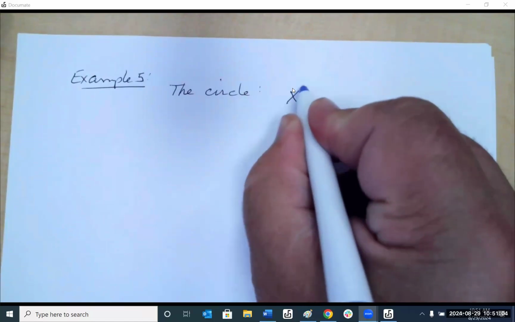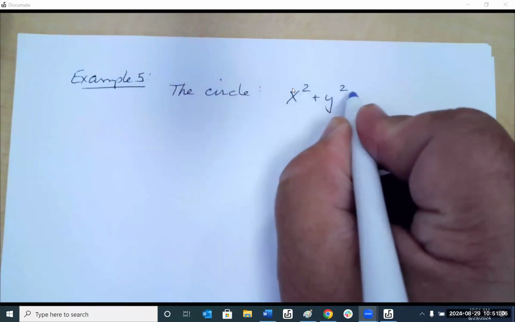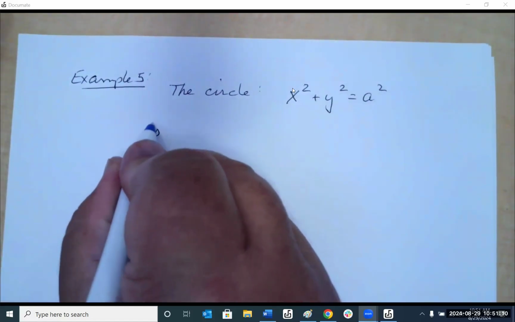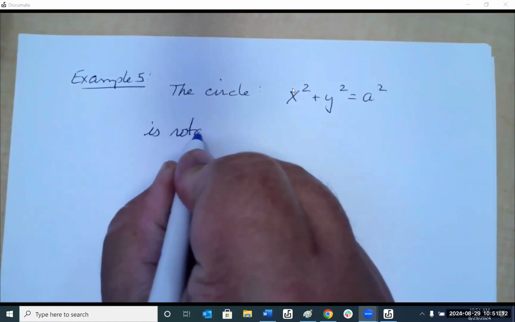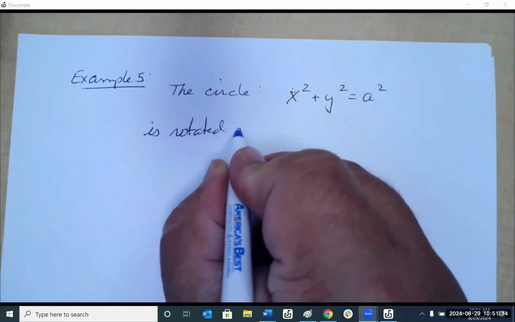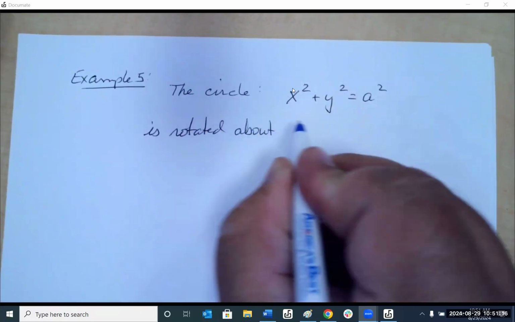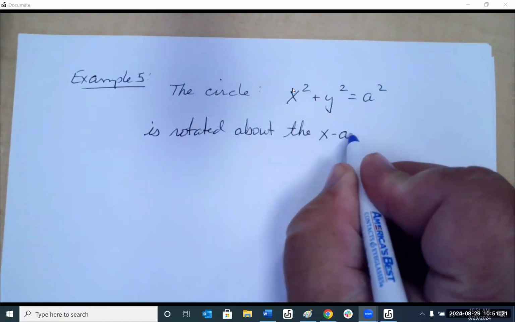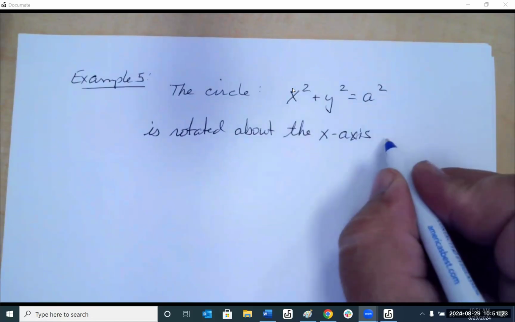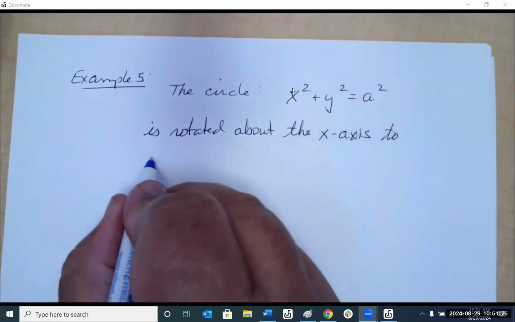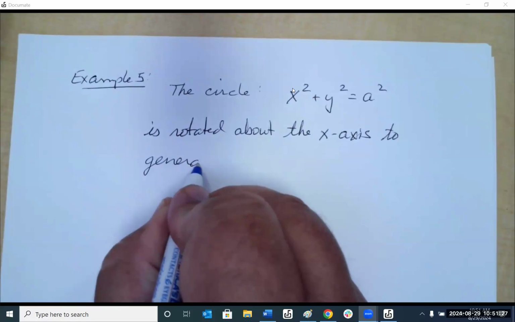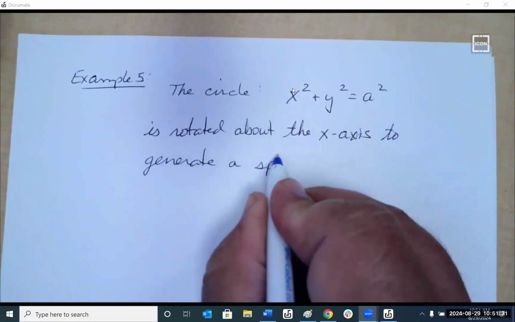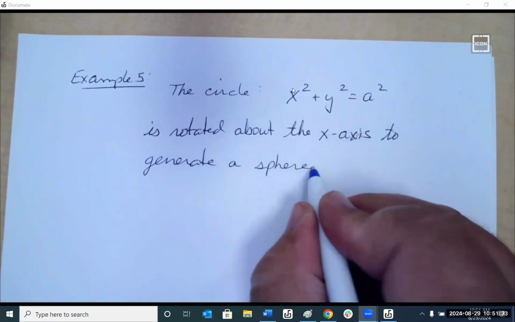The circle x squared plus y squared equals a squared is rotated about the x-axis to generate a sphere.